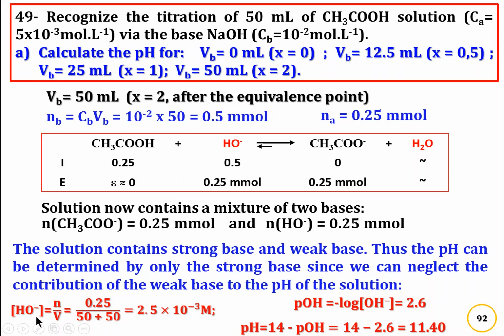So the OH⁻ concentration at the volume of the base equal to 50 ml is equal to 0.5 × 10⁻³. We apply the relation, we find pOH equal 2.6. pH plus pOH equal pKw, so we calculate pH, which is equal to 11.4.